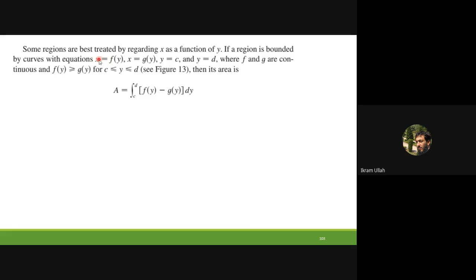But here, the area of some regions is more easily calculated if we write x as a function of y, x equal to f of y and x equal to g of y, between y equal to c and y equal to d, where f and g are continuous and f of y is greater than or equal to g of y.